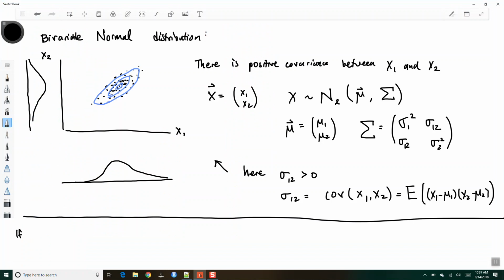So if sigma 1, 2, if the covariance is 0, what does our distribution look like? Basically, the things are perpendicular to each other. You might get something that looks like this, okay?